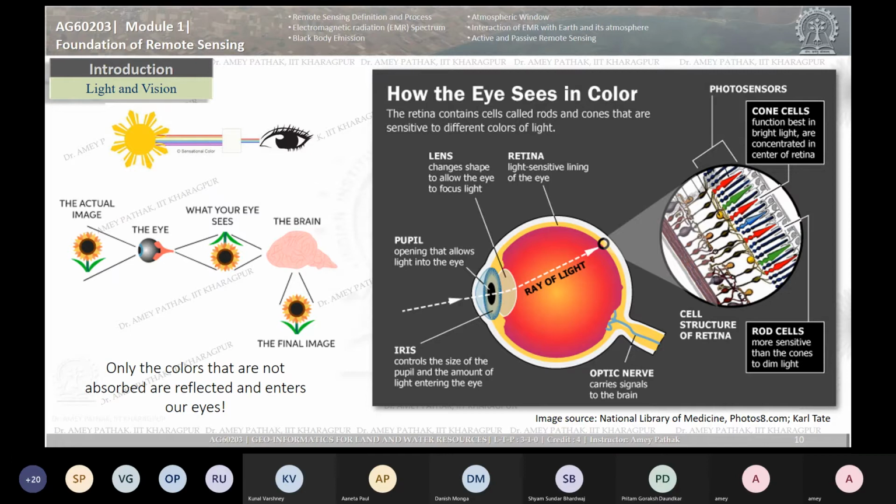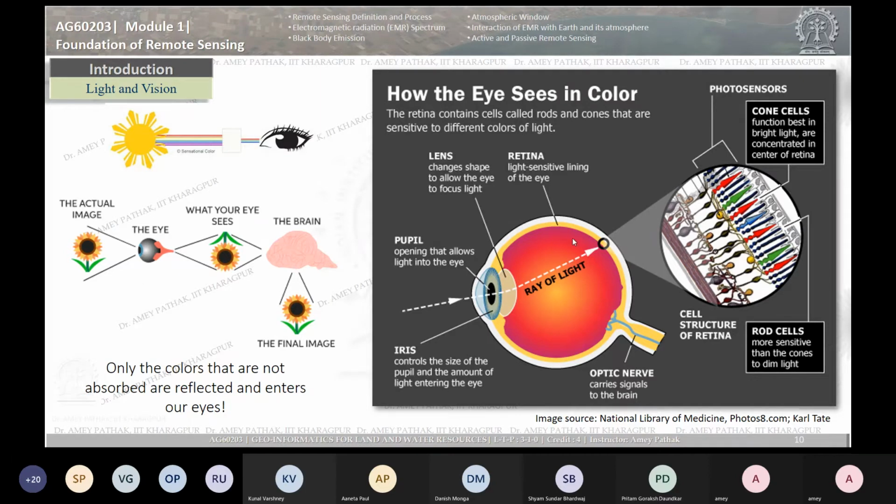We can make sensors capable of capturing certain wavelengths, red, green, blue, near infrared, etc. Through the theory of how we see color, I am just relating it with remote sensing.